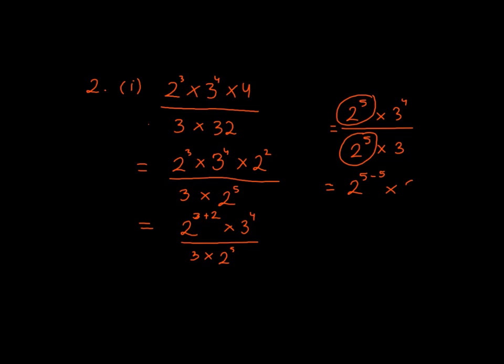In the same way, powers of 3 will be subtracted: 3 raised to power 4 minus 1. This becomes 2 power 0 into 3 power 3. 2 power 0, any number with power 0 is 1. So 1 into 3 power 3. This is our answer. We wanted to write the answer in exponential form, so our answer will be 3 raised to the power 3.